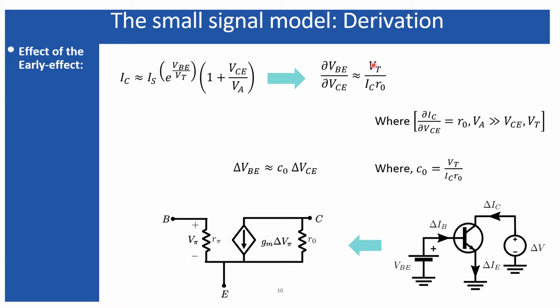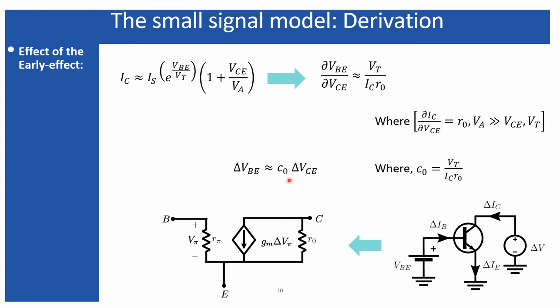This expression on the right hand side represents a ratio of two voltages. VT represents the thermal voltage, in volts, and IC times R naught is also a voltage, in volts, so this factor is a unitless factor. The differential change in the base emitter voltage is related to the differential change in the collector emitter voltage through this unitless factor, which I have denoted by C naught, and C naught is this one.